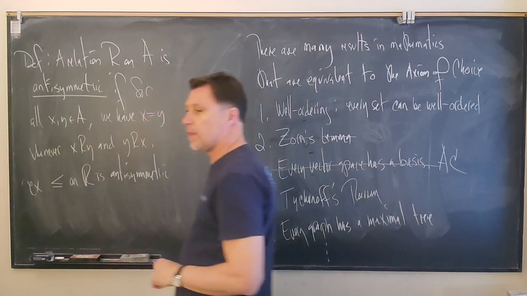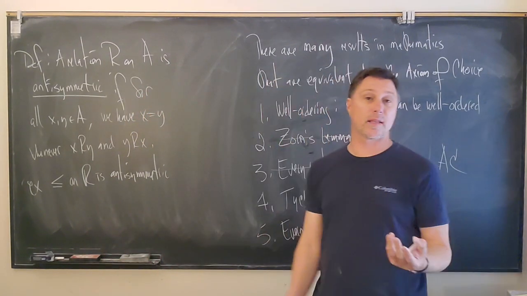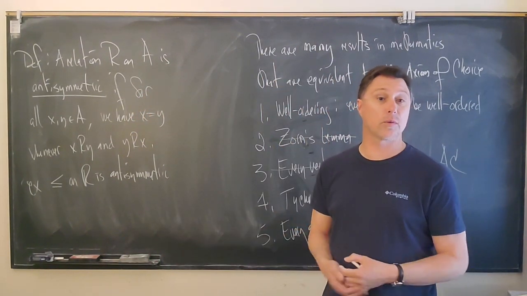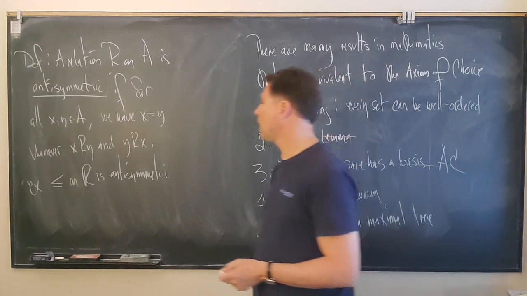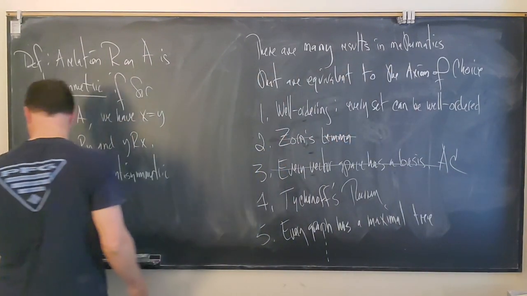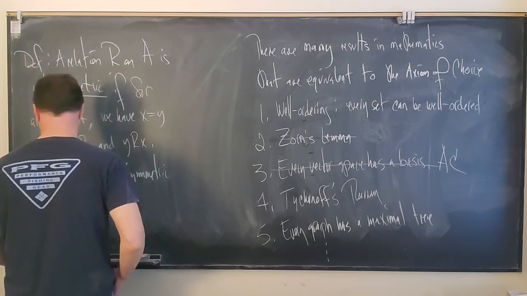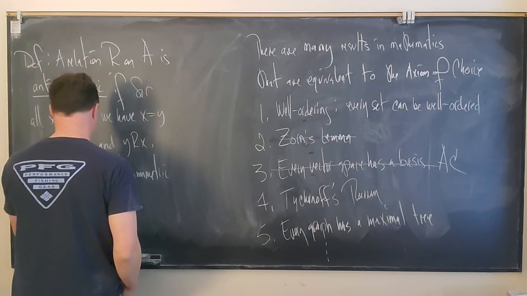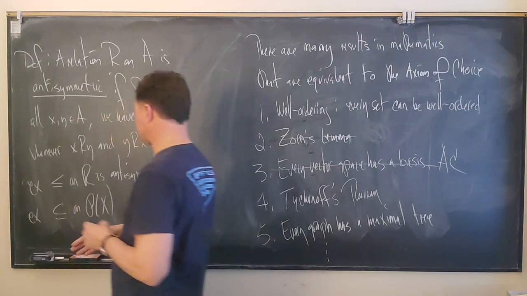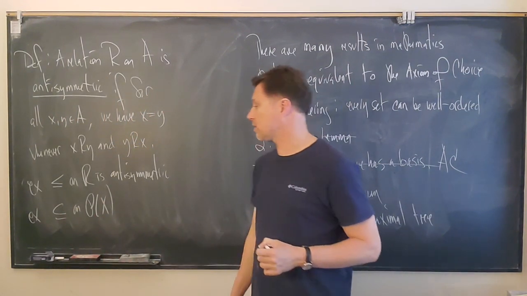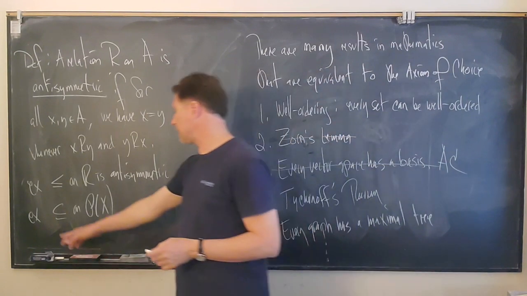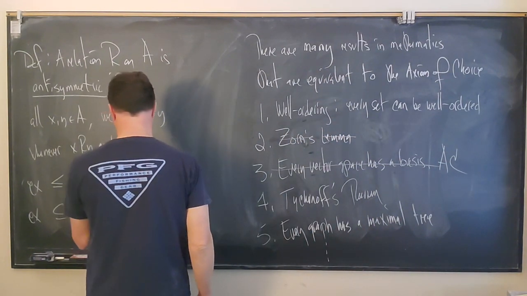If you know that X is less than or equal to Y and Y is less than or equal to X, then you conclude that X is equal to Y. Another one: the subset relation on the power set of any set X. So if you take the collection of subsets of X, then subset is also antisymmetric.